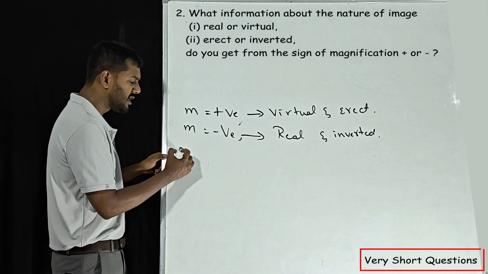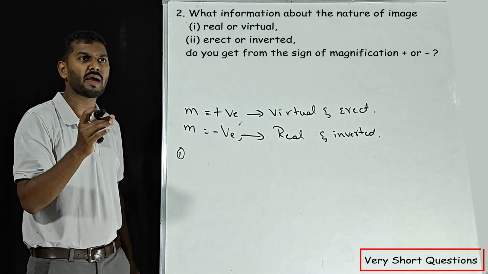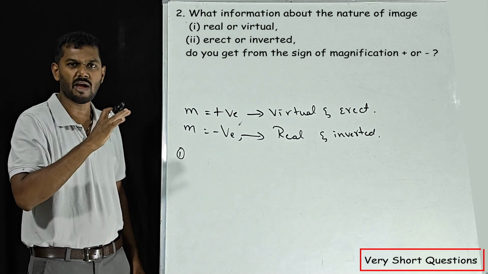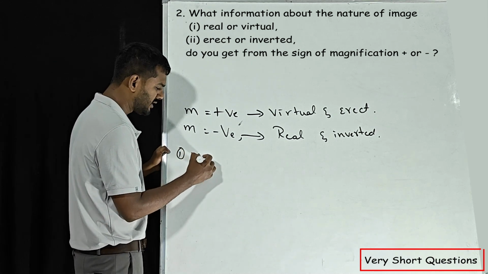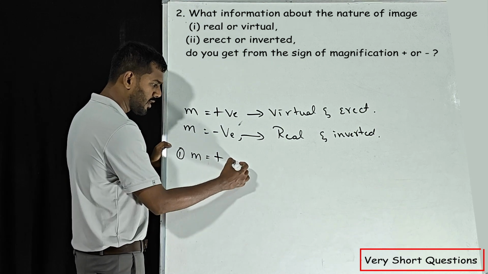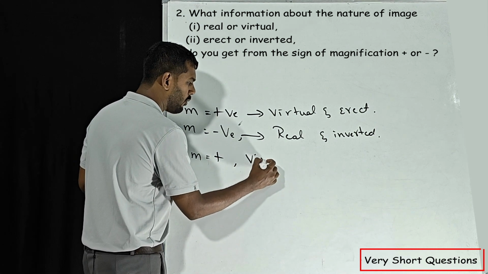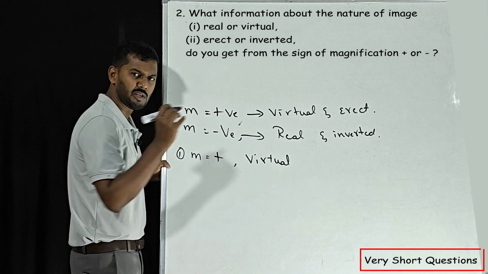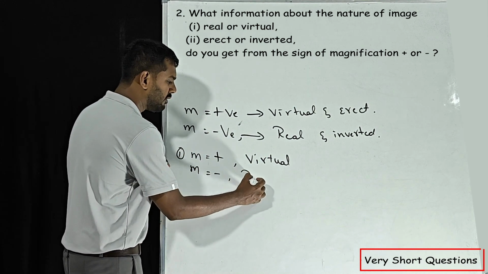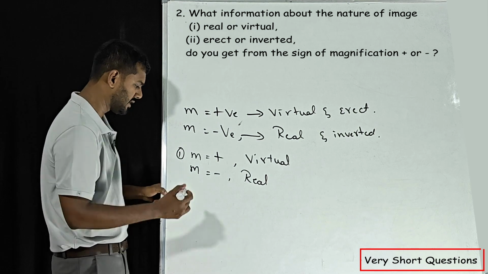In the first case, they are asking if the magnification is plus or minus, whether it will be real or virtual. We have to choose properly. This is how you are going to write. If the magnification is plus, then it will be a virtual image. If the magnification is negative, then it will be real. That's it.